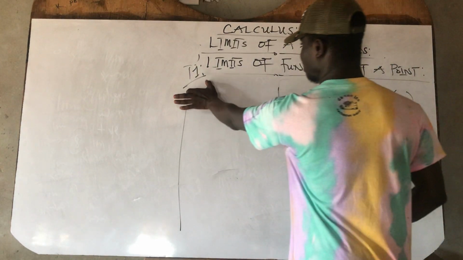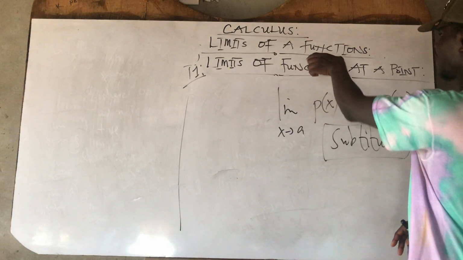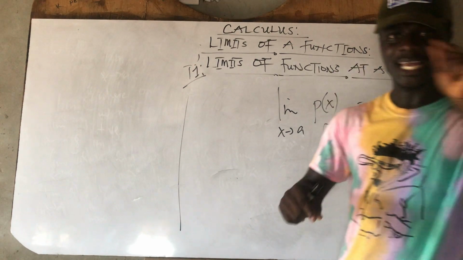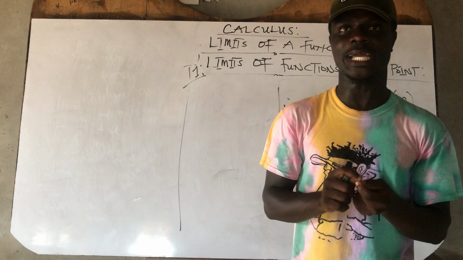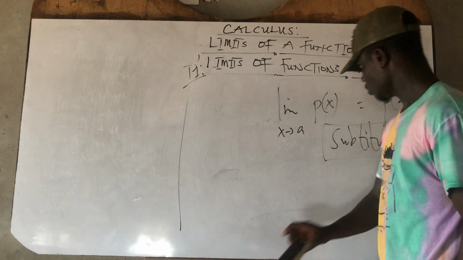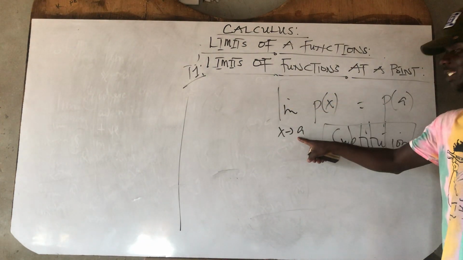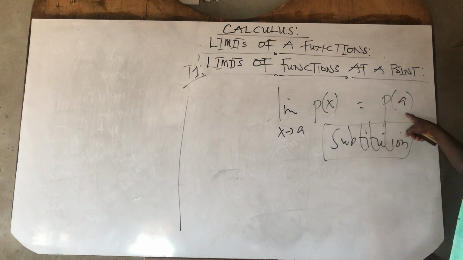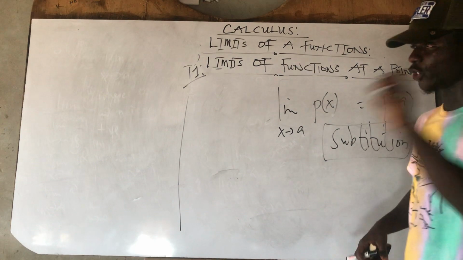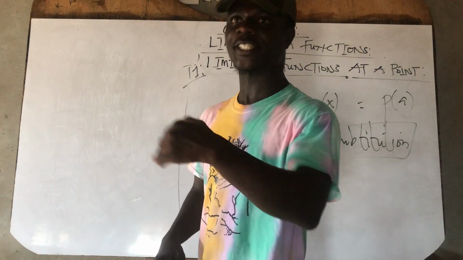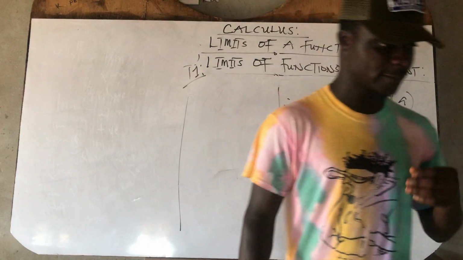That's why we are dealing with type 1 of this, the limit of functions at a given point. So the limit as x approaches a of p of x equals p of a. This one is found by substituting, the direct substitution.